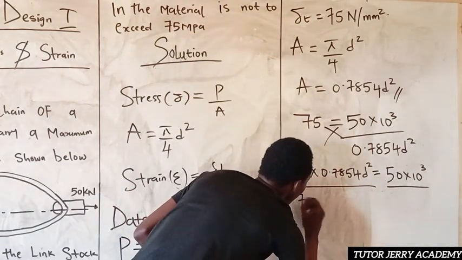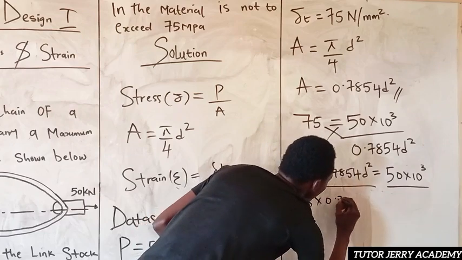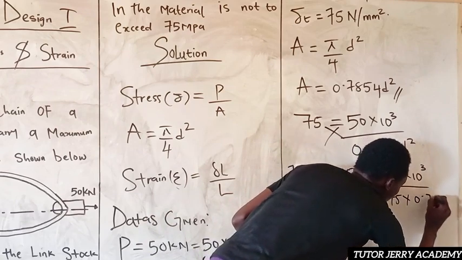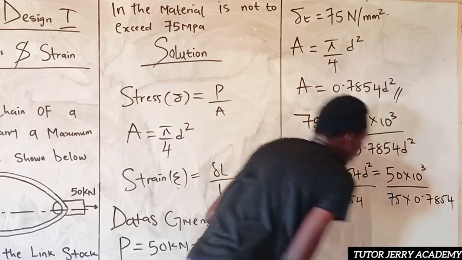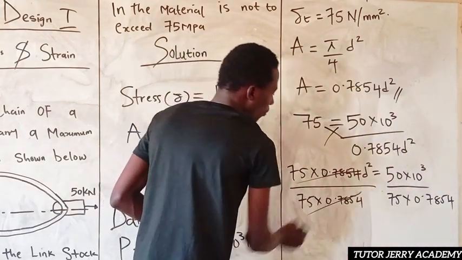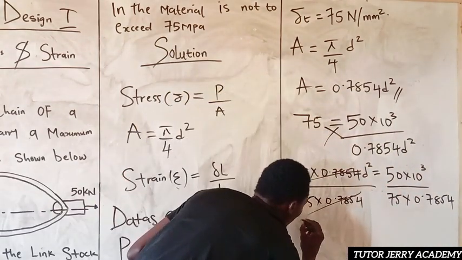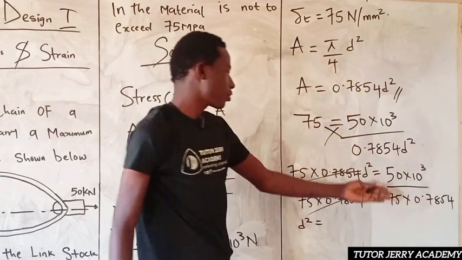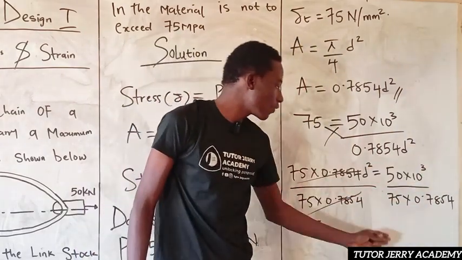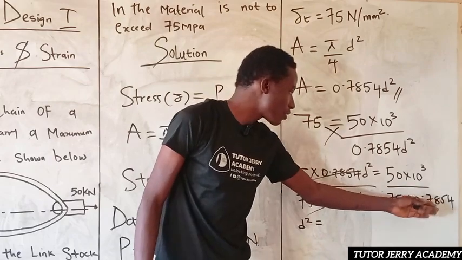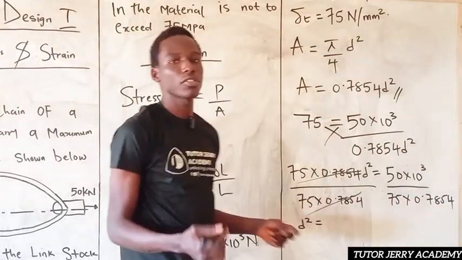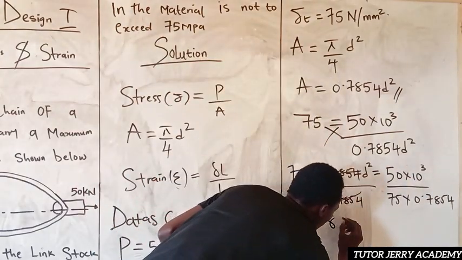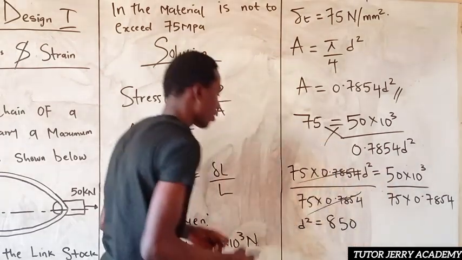If we do that, we will have 75 times 0.7854, and we'll be left with d square equal to 50 times 10 to the power of 3 all over 75 times 0.7854. If you press your calculator, it is nothing but 850. So d square is equal to 850.